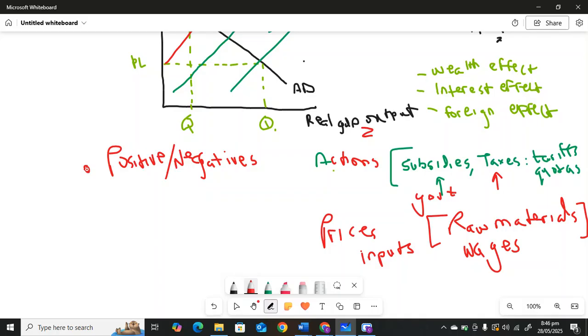So these will affect the supply within an economy. Right? So negative shocks: wars, famine, drought, natural disasters. Positive shocks: you've got good weather, discovery of natural resources, technological advancements. Yes. Those are some of the positive shocks.